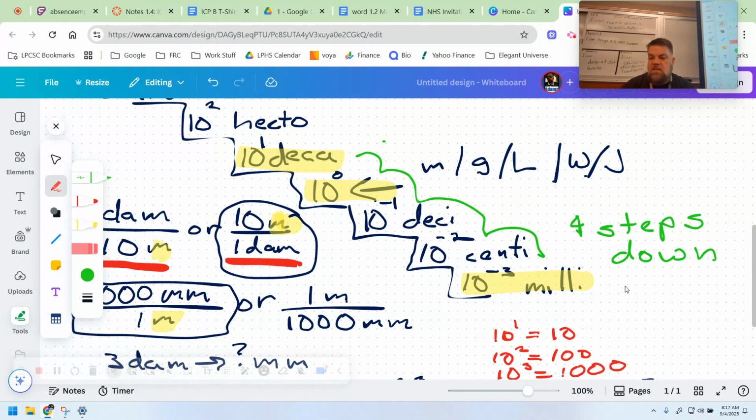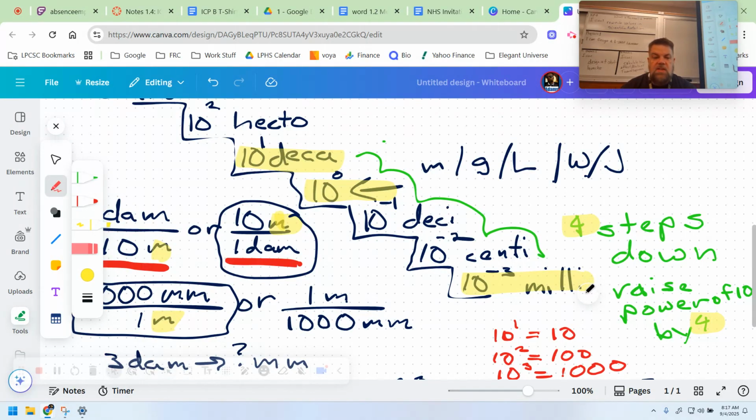That means I raise the power of 10 by 4. All right, that's no accident. That will work every time. Because I went down 4 steps.